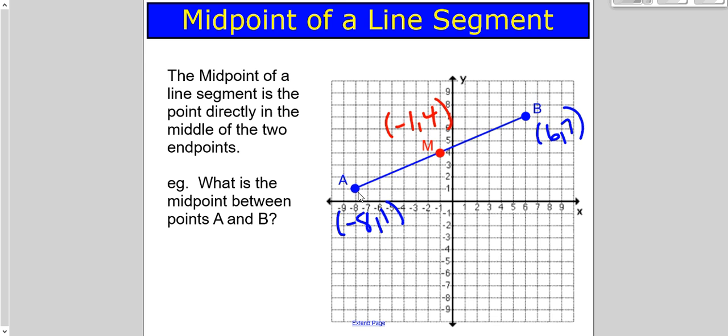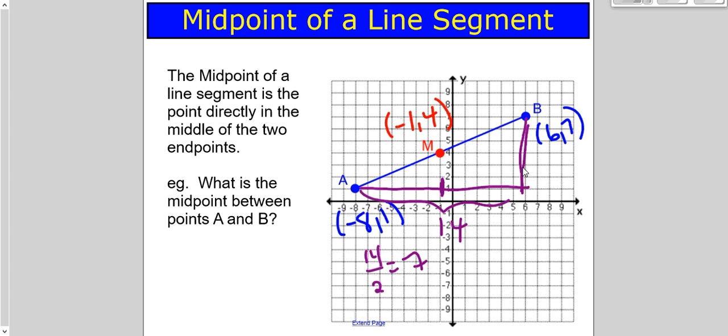If you take a look at our rise over our run, notice that this went between -8 and 6, which is 14 units. So half of 14 is 7. If I go over 1, 2, 3, 4, 5, 6, 7, notice I get this right here.